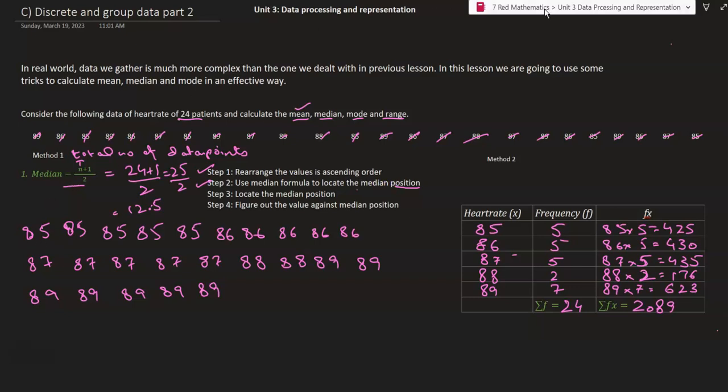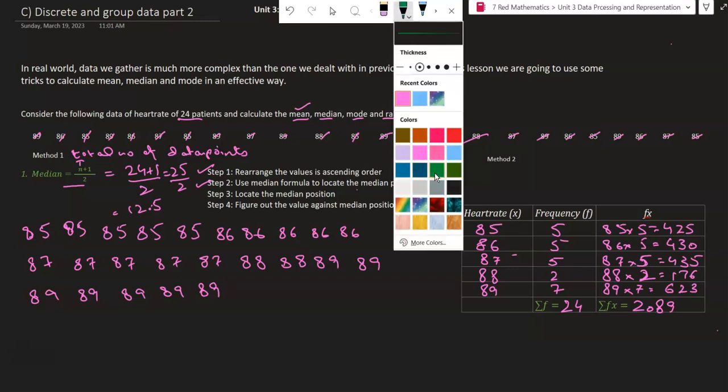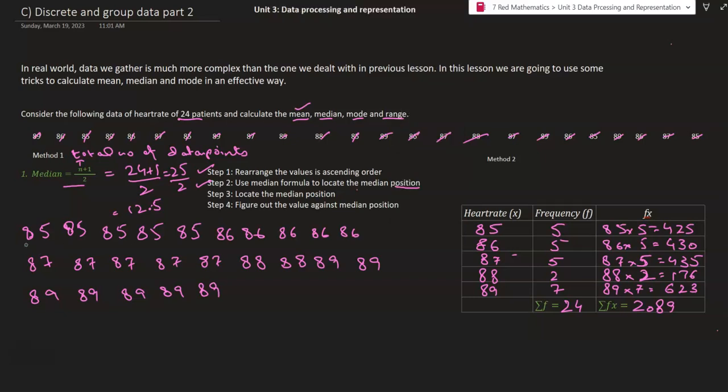Now I have to figure out which position it is. So I'm just going to change the color of my pen. Now we have the first position, the second, the third, fourth, fifth, sixth, and so on up to 15.